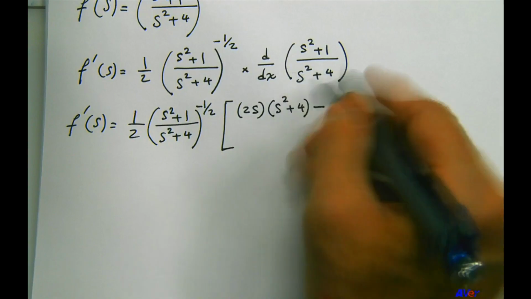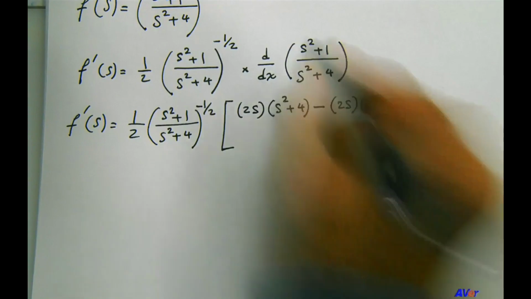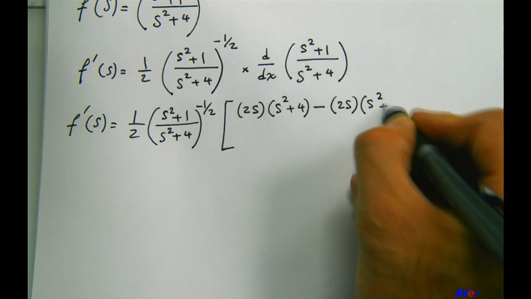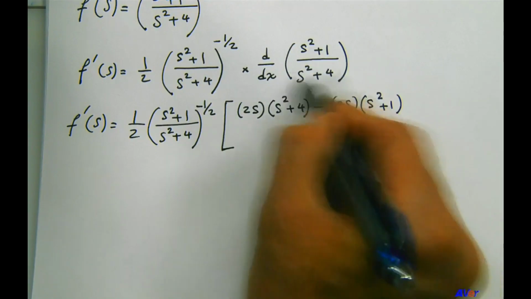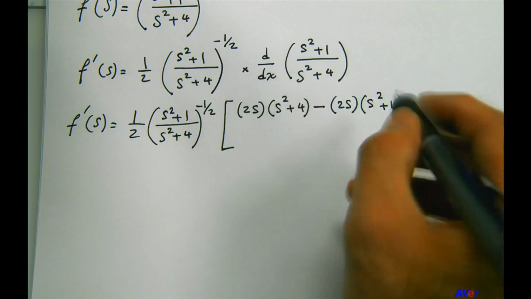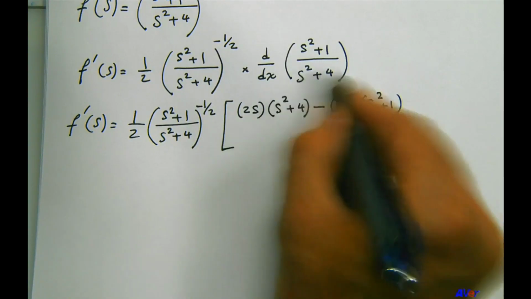Minus the derivative of the denominator, 2s, times whatever is in the numerator, so s squared plus 1. Derivative of the denominator multiplied by the expression in the numerator, and then all of that divided by the denominator squared.